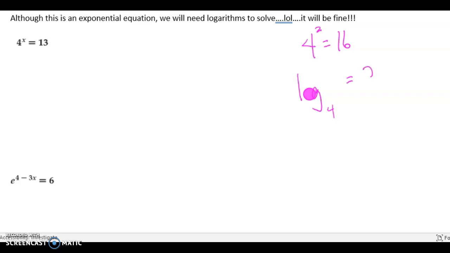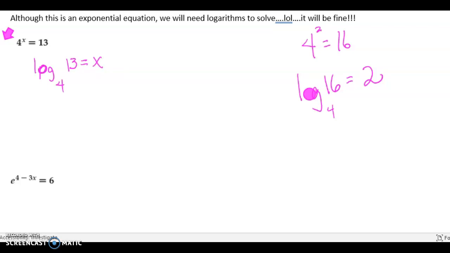The exponent goes over here. 2 is the exponent, and the answer goes after the word log. So if we were to take this problem and rewrite it, it would be log base 4 of 13 is equal to x.